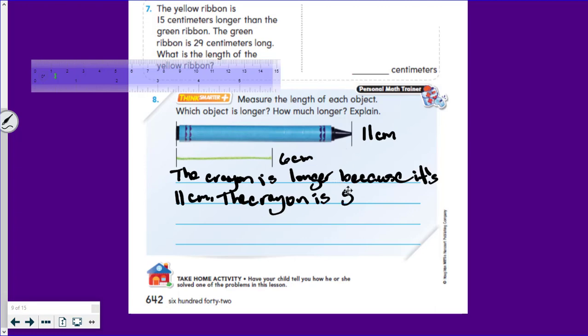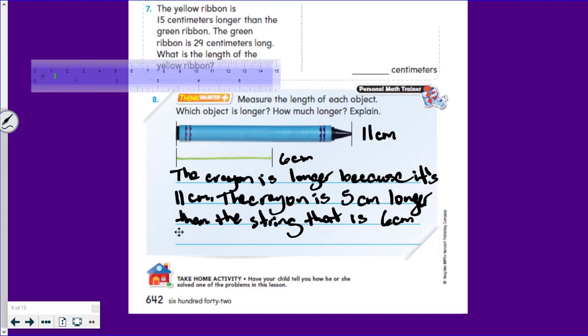So the crayon is 5 centimeters longer than the string that is 6 centimeters long. And so we explained, and we told how much longer, and we told which object is longer.